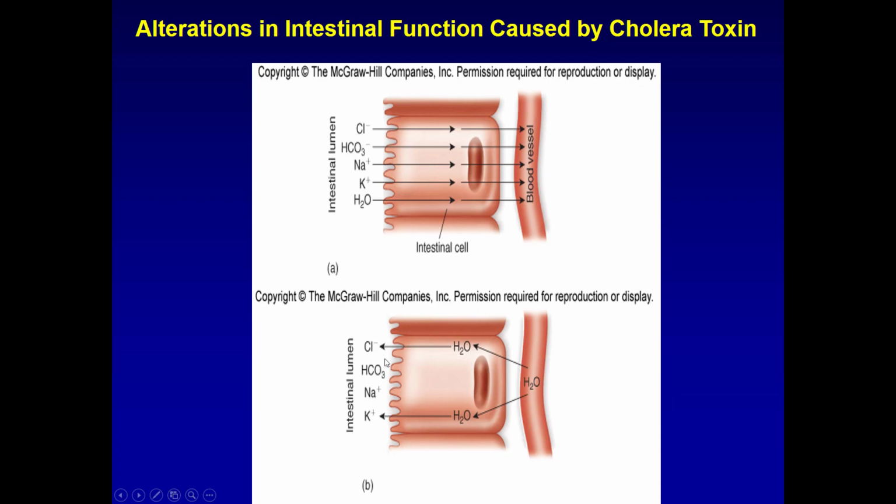Now, in the presence of cholera toxin, water is actually drawn from the bloodstream into the intestinal lumen, which not only dehydrates you that way, but causes you to not actually absorb any of these ions. Instead of absorbing ions, you're losing all those ions along with the water straight from your bloodstream. So a very, very quick way to get dehydrated, very, very quick way actually to die.